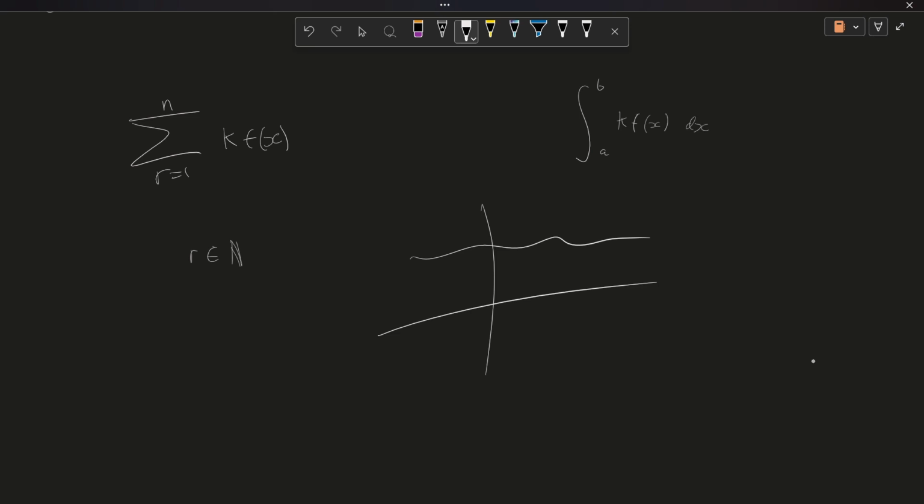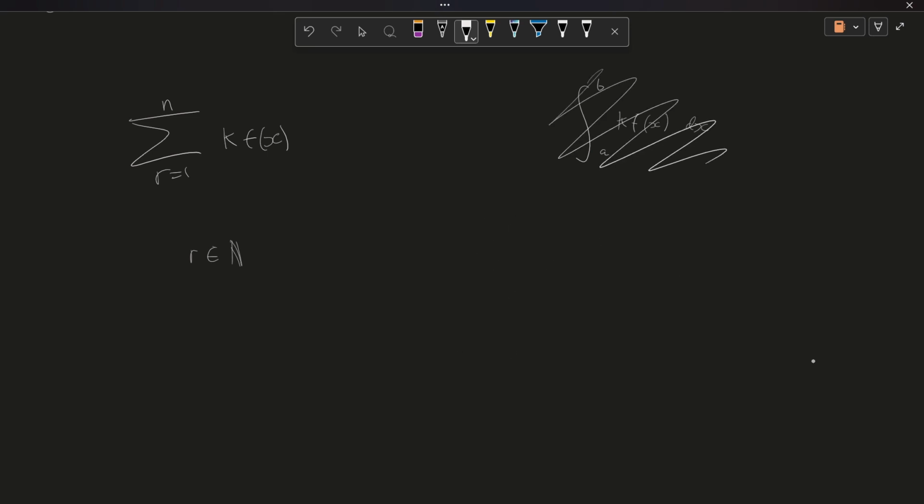Summation would be more like, find the area approximately using bars. Whereas integration is not discrete, so it can just do whatever it wants. Anyways, that's not really important. What is important, I forgot to mention how anything actually works. Anyways, n is your final number in the series.